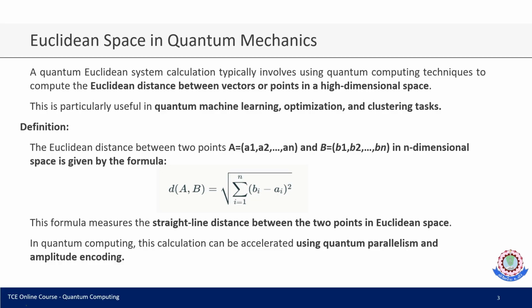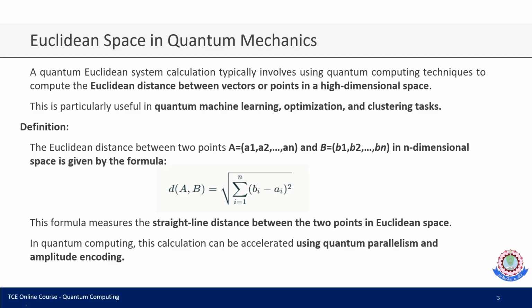As per the definition, the Euclidean distance between the 2 points A, which is equal to A1, A2, up to An, and B, which is equal to B1, B2, up to Bn in n-dimensional space, is given by d of A, B, which is equal to the root of sigma i equals 1 to n of (Bi minus Ai) squared. This formula measures the straight line distance between the 2 points.